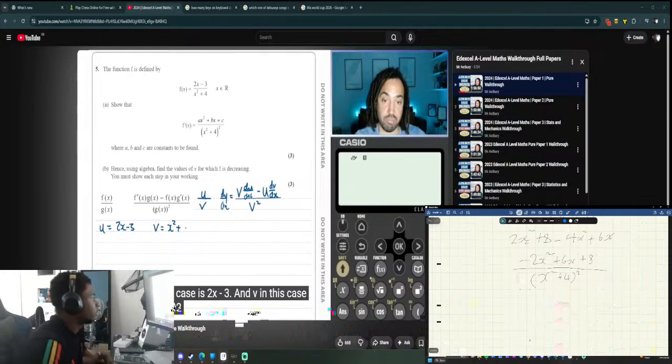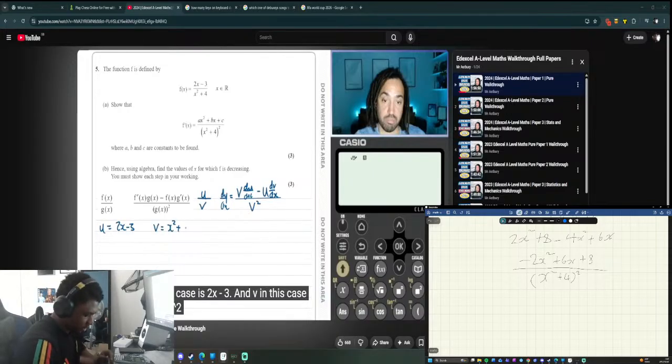Hence using algebra, find the values of x for which f is decreasing. You must show each definite working out. Find the values of x where f is decreasing, so the gradient is negative, which is what we just found. So this has to be less than 0. The denominator is always positive.